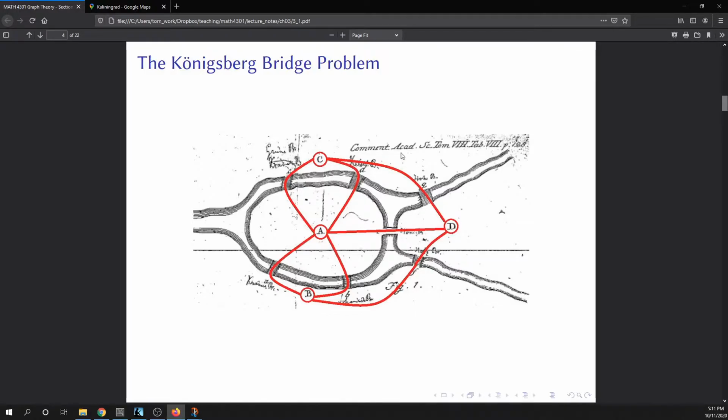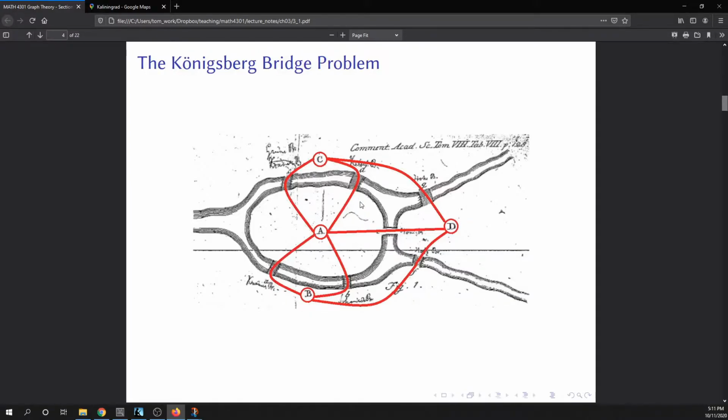So here, and this I think again comes from the original solution of this, you can call these land masses and give them labels. That's what Euler did: A, B, C, and D. Right, and then the bridges are represented by the edges in the graph like this.